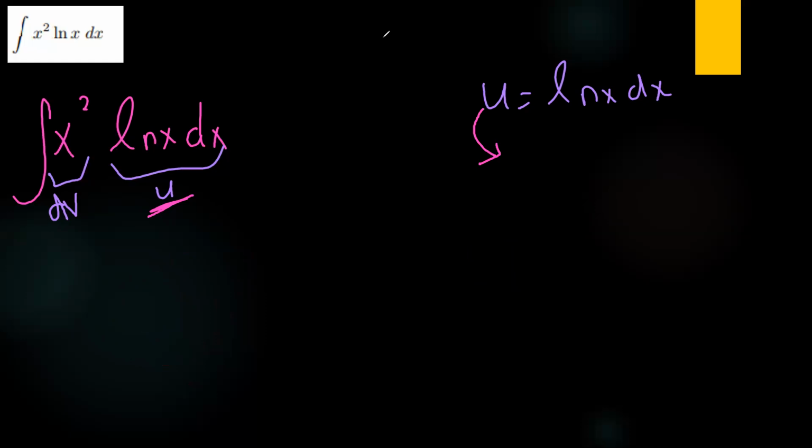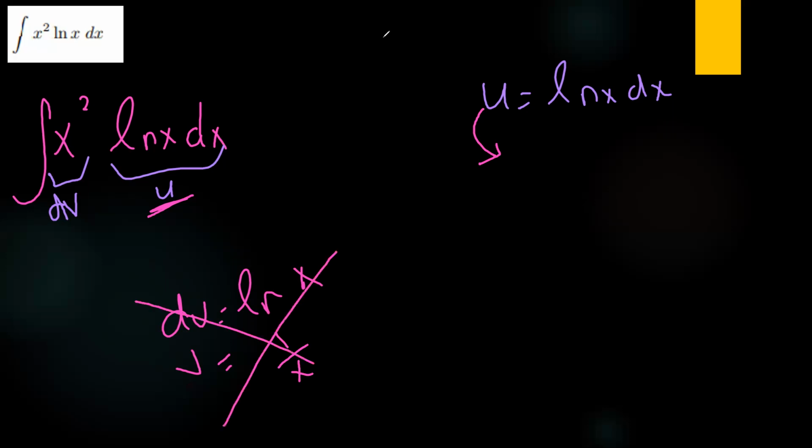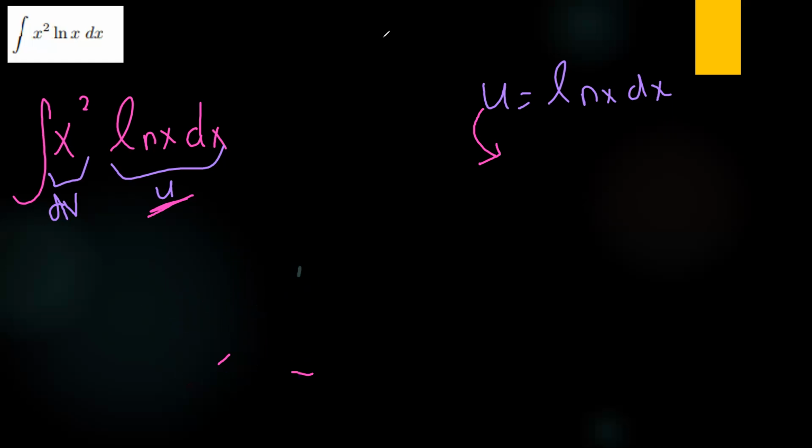But if I assume that this is dv, then you need to find v. What is the integration of ln? Not 1 over x. The derivative of ln is 1 over x. So we don't know anything about its integration, so I will use its derivative.